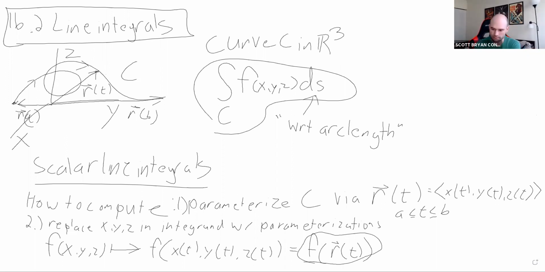But it's a nice shorthand that we're going to use. Any confusion on that point? We're just replacing x, y, and z with their parameterizations. Okay, so we parameterize, and replace in the function that we're integrating x, y, and z with the parameterizations.